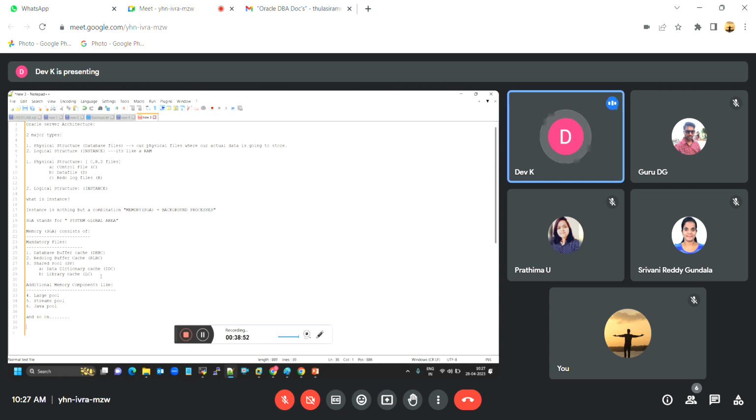There are a few more, but they are not required to know. These are the memory components in the SGA.